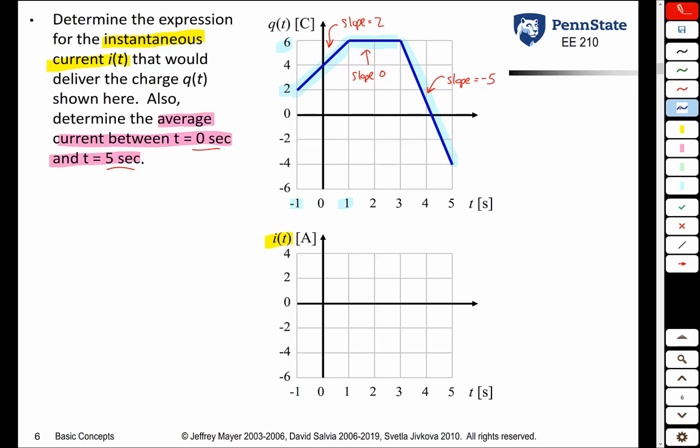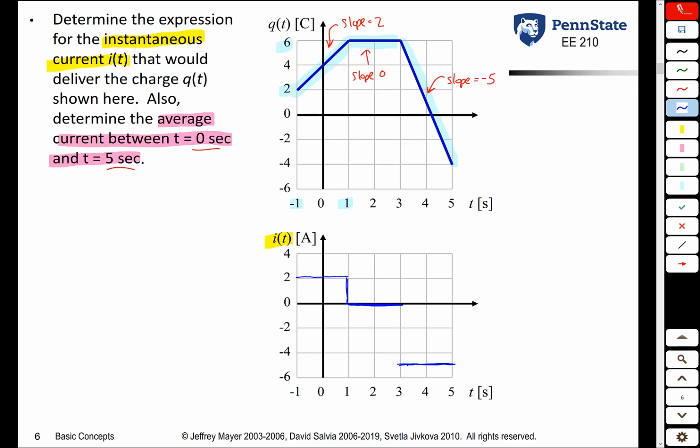So between -1 and 1 seconds, we have 2 amps. Between 1 and 3 seconds, we have 0 amps. And between 3 and 5 seconds, we have -5 amps.